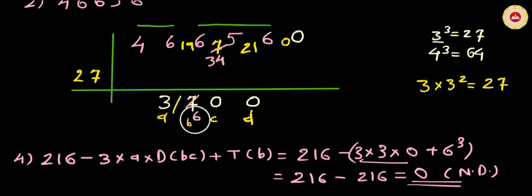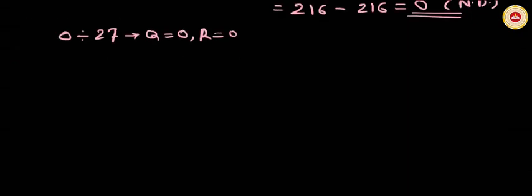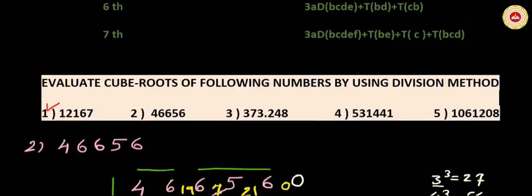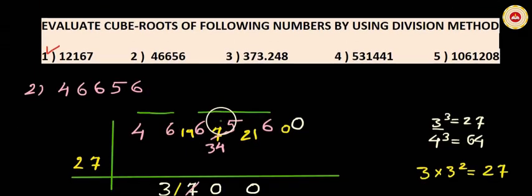What is answer? 3600. Please neglect this 7. It has been cancelled out. 3600. Now let us give decimal point. How many groups are there in the given number? 1 and 2. 2 groups.